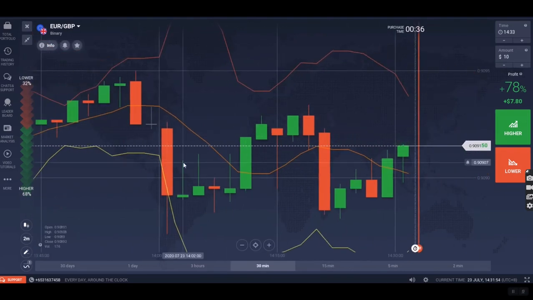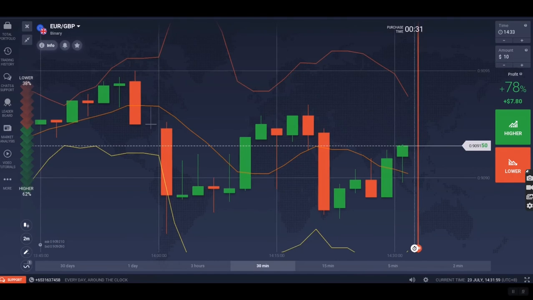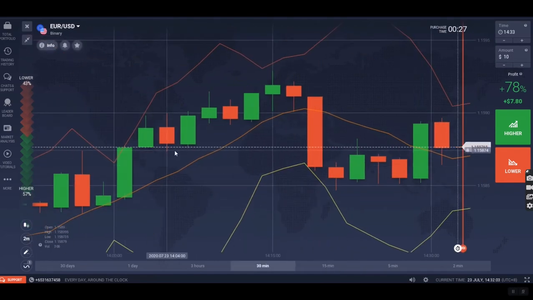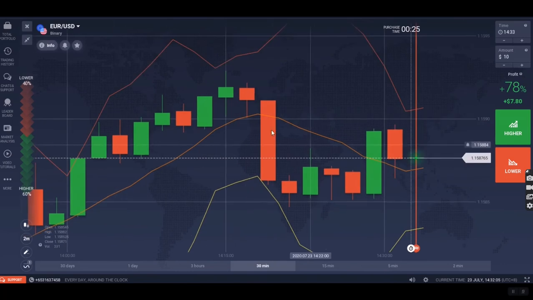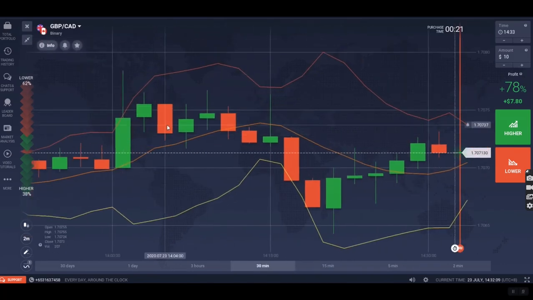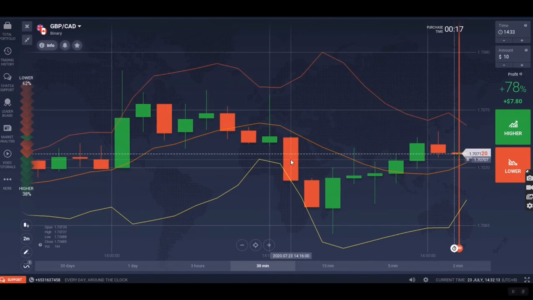Next currency, 2 p.m. we have a level 1 here, that's 10 winning trades already. 2 p.m. level 2, 11. Level 2, 12 winning trades.